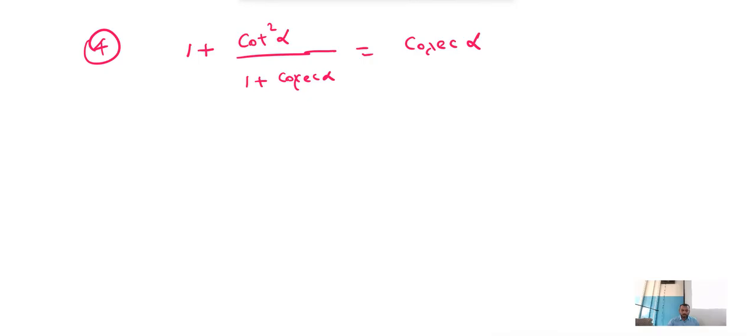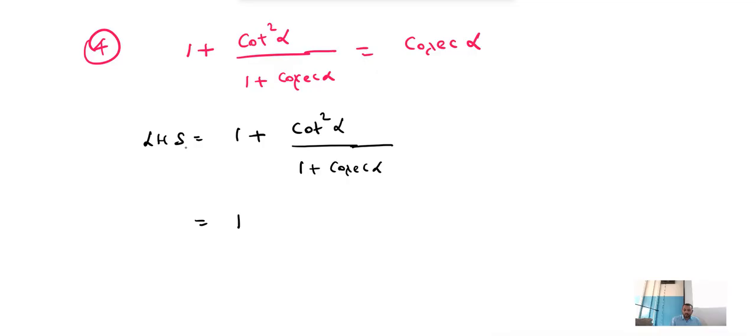Prove means we have to prove here LHS is equal to RHS. So first let me take the LHS part. LHS is 1 plus cot square alpha divided by 1 plus cosecant alpha.